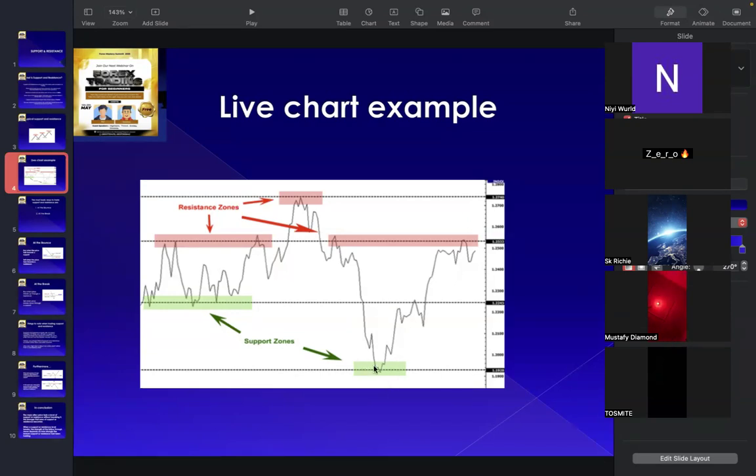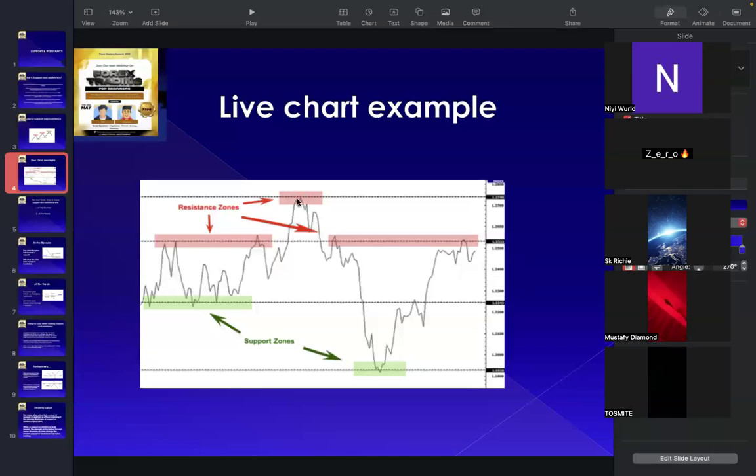The buyers are in control of the market here, so that's the main reason why this starts as a support zone. You can see the arrow here indicating a support zone. And the sellers are also in control of the market here, so they work oppositely.